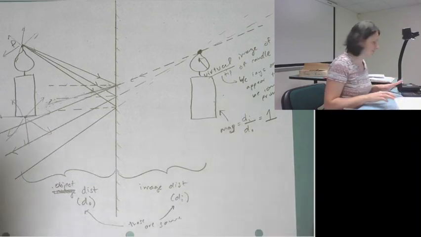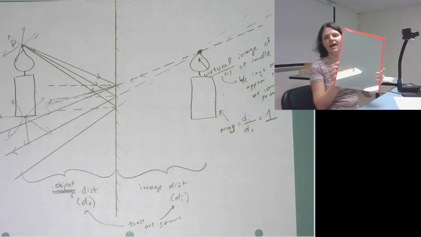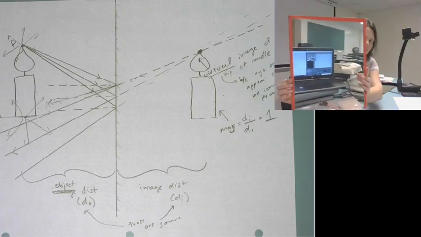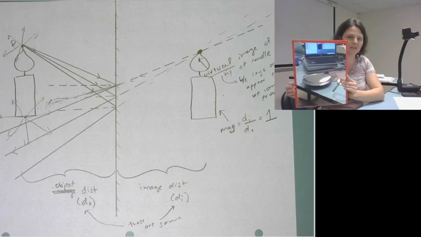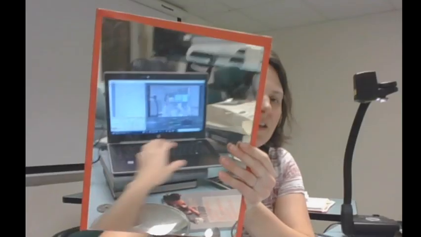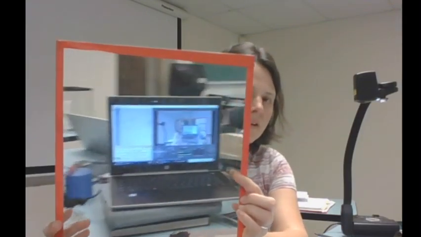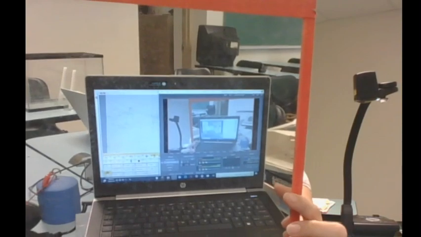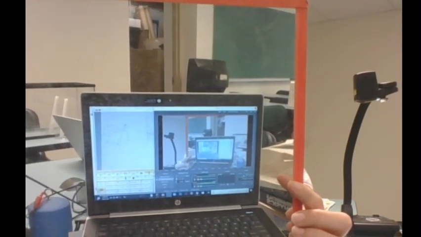Okay, but wait. Right, as I go like this, geez, it sure does look like my computer is getting smaller. Doesn't it look like that to you? So why did I just say that the image distance and the object distance are the same? Well, it's getting bigger as I move closer. But as I move closer, the object distance is getting smaller.